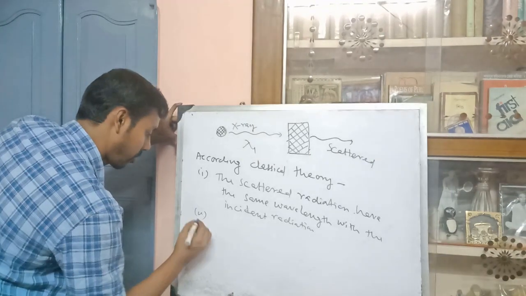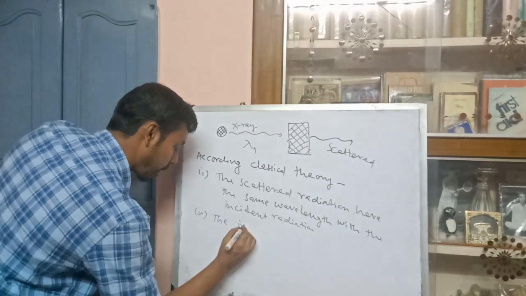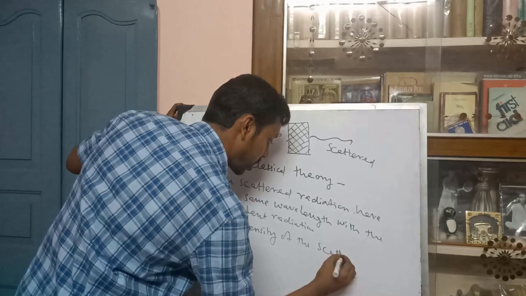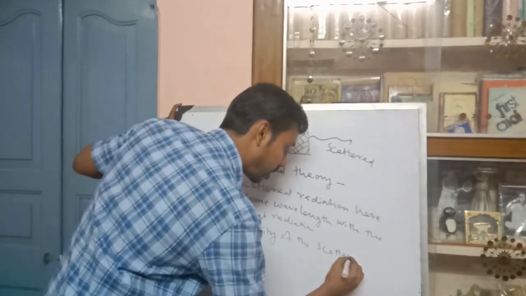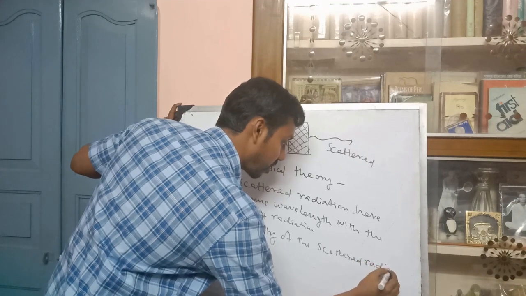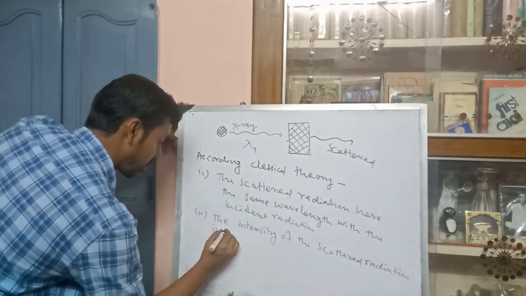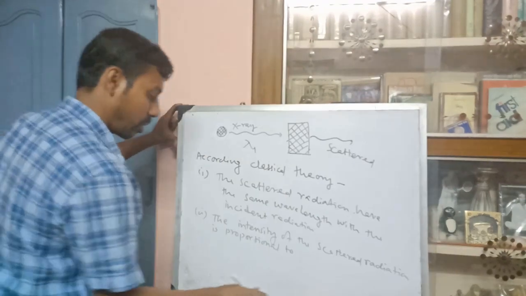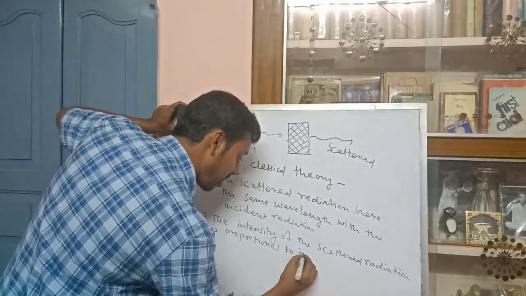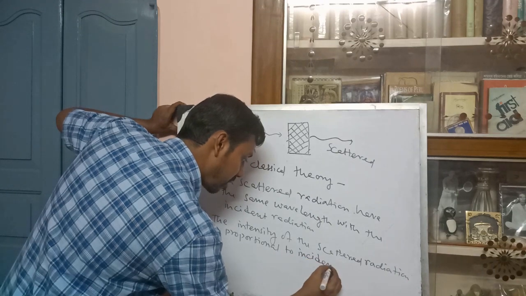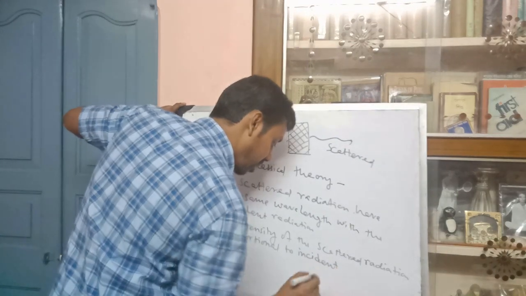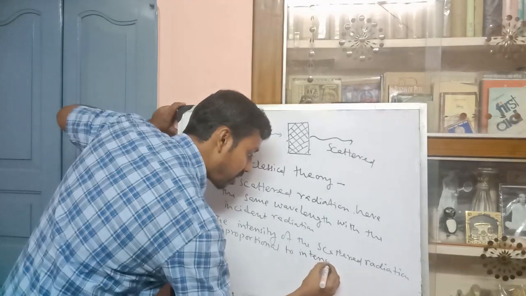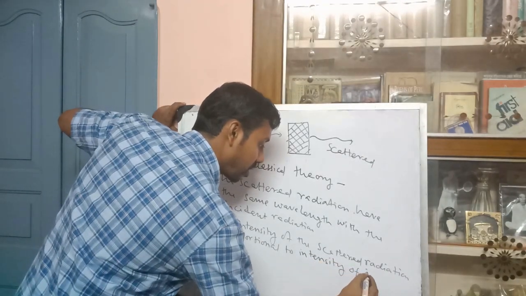And number two, the intensity of the scattered radiation is proportional to the intensity of the incident radiation.